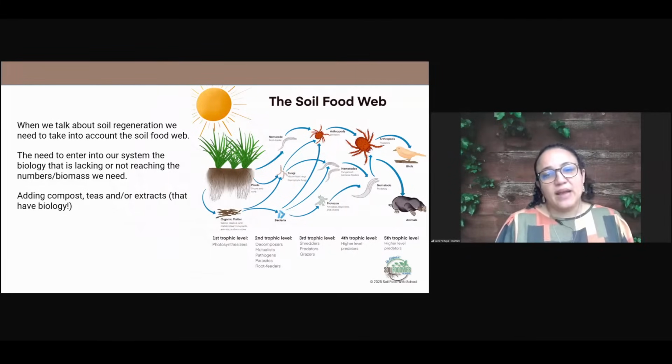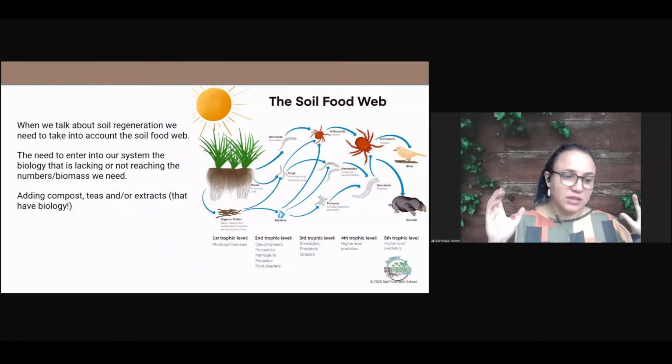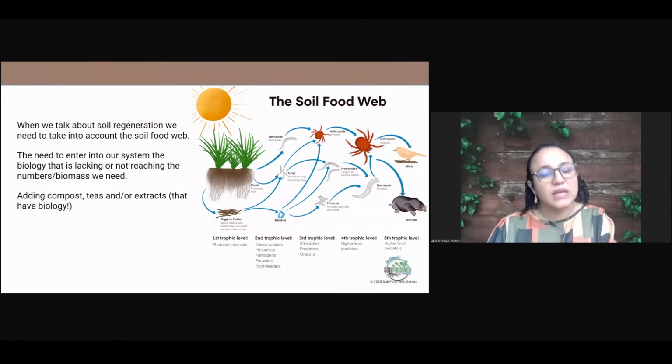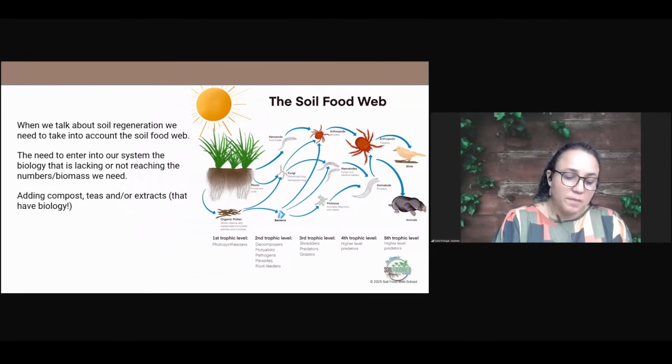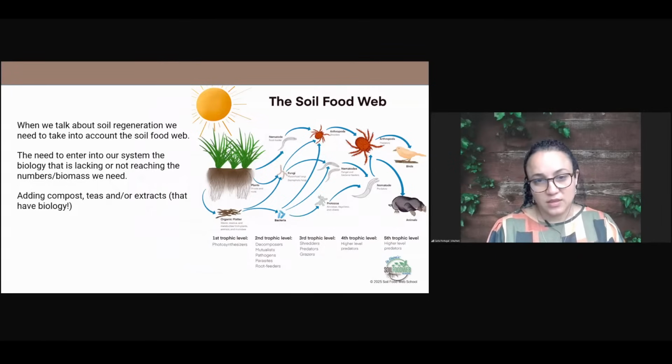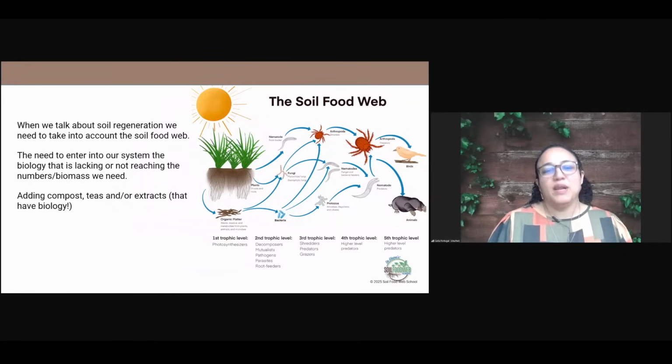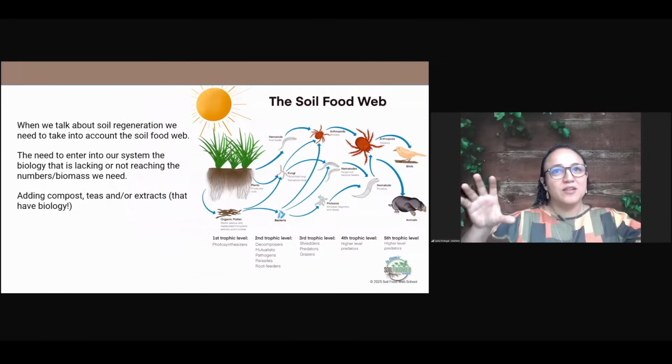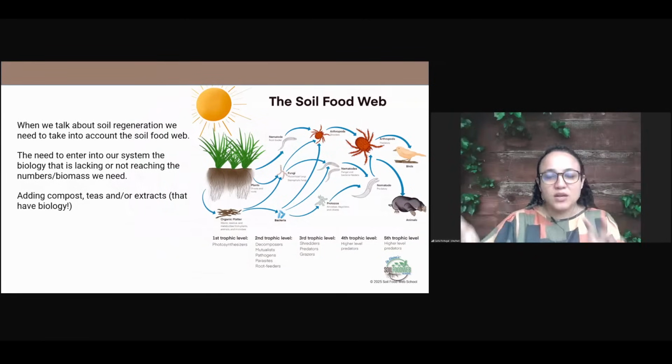We know that universities talk about the physics and the chemistry related to soil and the structure, but it's only in recent years that some of them are starting to include the biology portion. And we cannot blame anyone because this is how the educational system was built. We learn things in separate boxes.